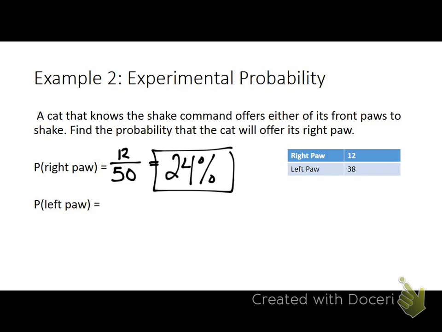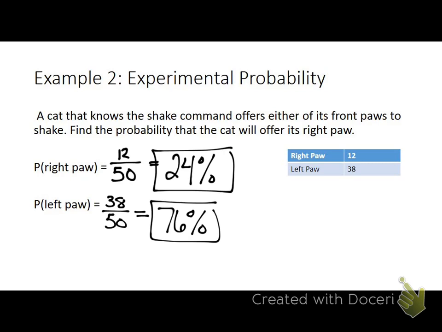Subtract it from 100, because it's one or the other. He either offers his right or his left. So if he offers his right 24% of the time, then his left would be offered 76% of the time. It's got to add up to 100. Now, if I was calculating the fraction, 38 over 50 is 76%.